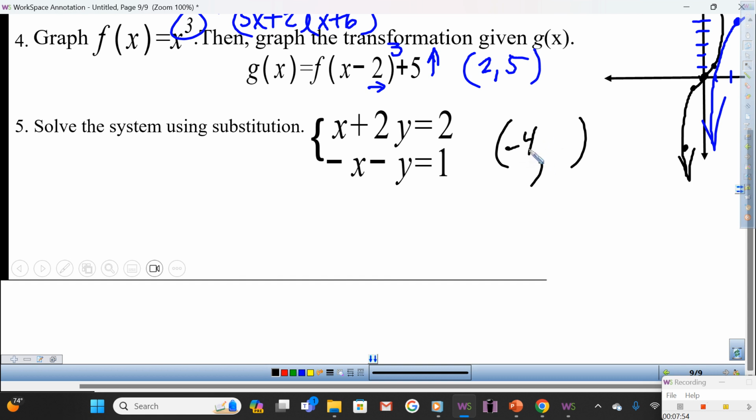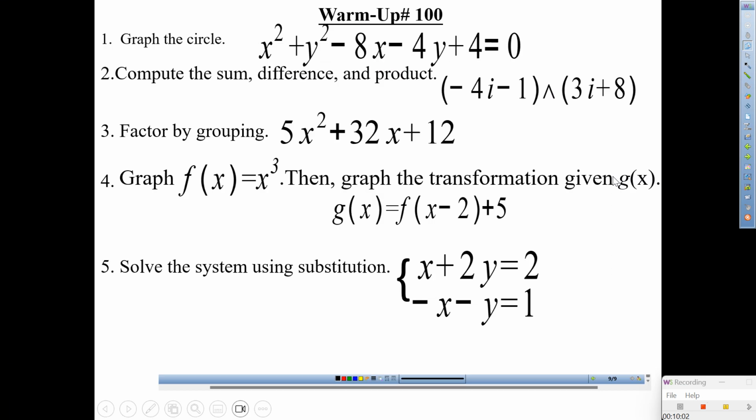Very good. Negative 4, 3. Hands up if you got that. That is correct. Solution. Remind your neighbor what that means. What does that mean, Martin? The intercept of the two graphs. That is correct.